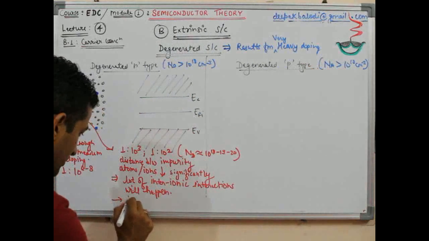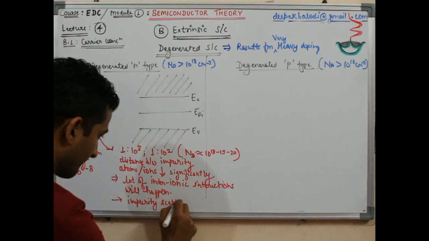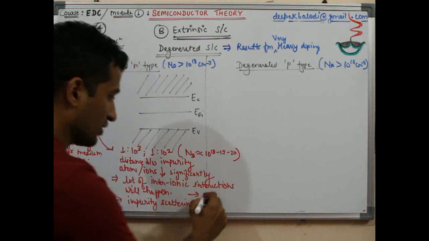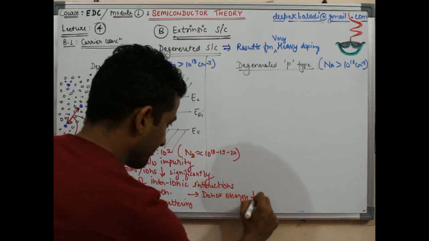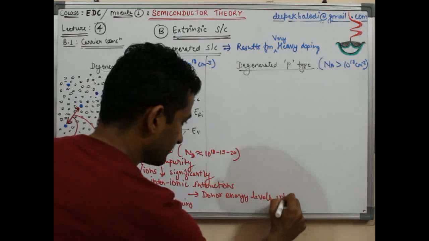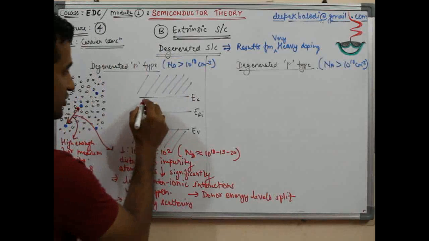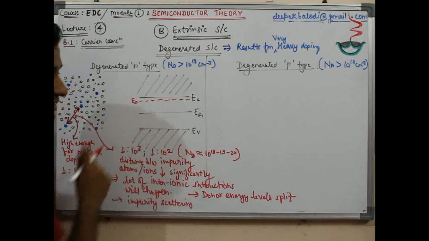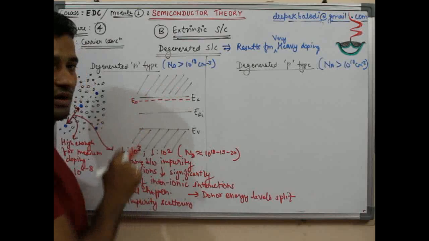Sometimes it results into impurity scattering, or the donor energy levels are split. So earlier we expected that with moderate doping one donor level will be inserted like this, where an electron is temporarily sitting and then very soon it comes here.